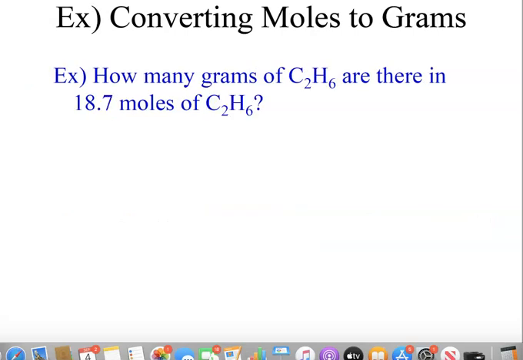Try this one yourself now. How many grams of C2H6 are there in 18.7 moles of C2H6? Pause this, give it a try, and then restart. We're going to need to set it up so that we start with the number given, 18.7 moles, and we're going to make a conversion factor to get us from moles into grams.